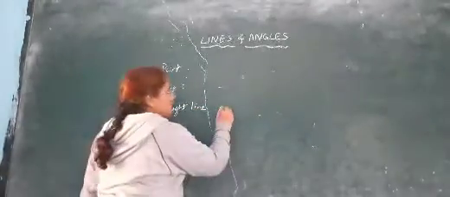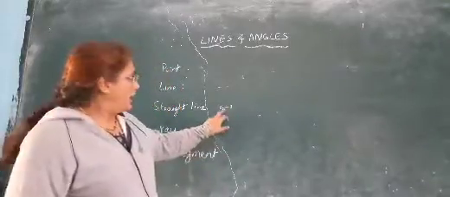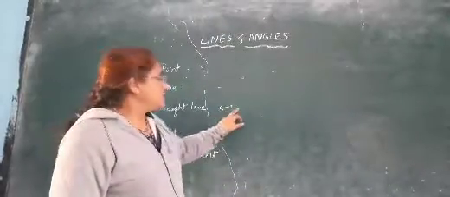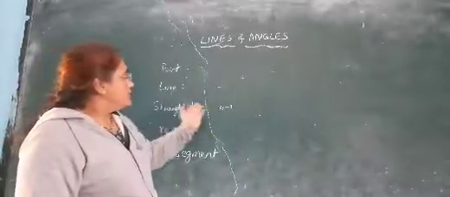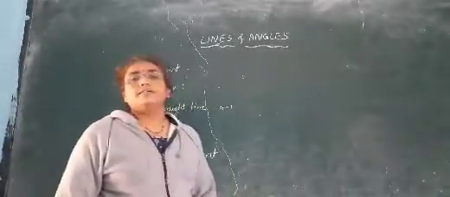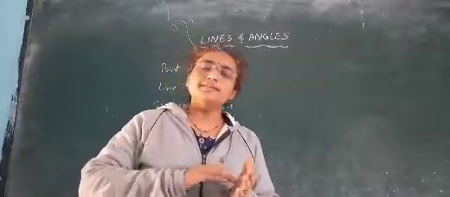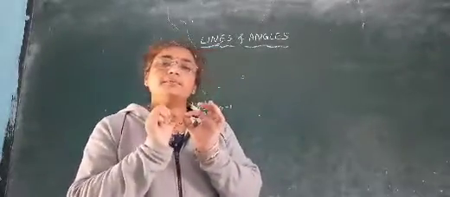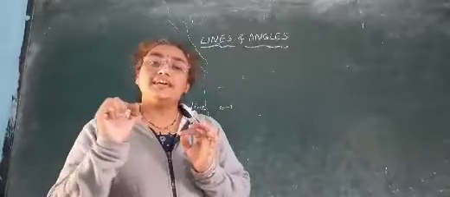How do we denote a straight line? We denote it by an arrow mark on both sides. Why? It can be extended on this side, or it can be extended on this side. So a straight line is the sum of all the points kept in a single direction, in a unidirection.